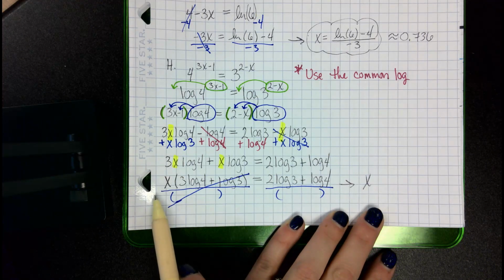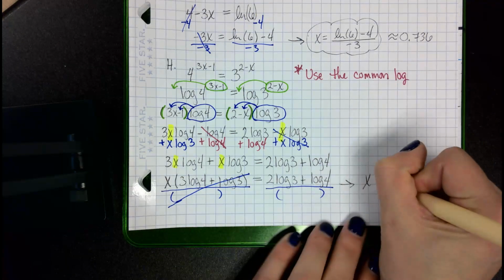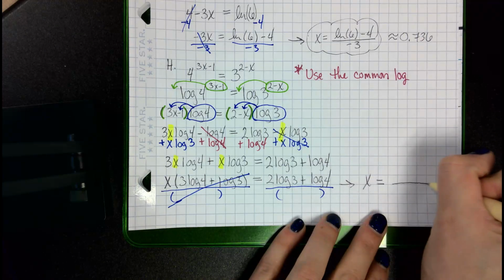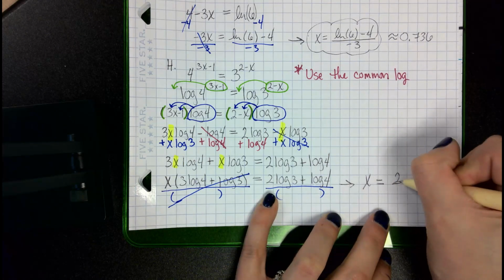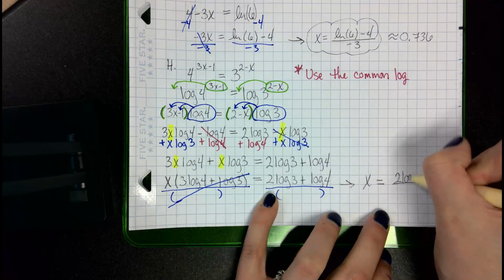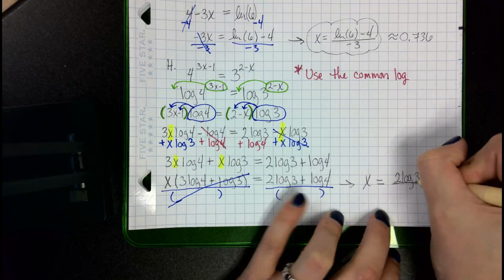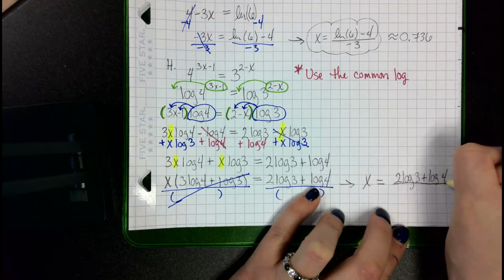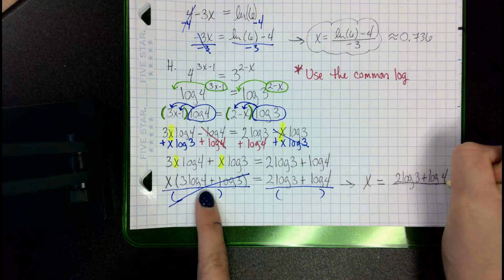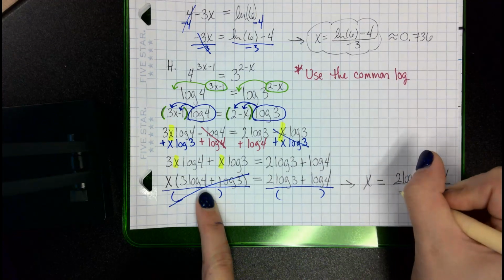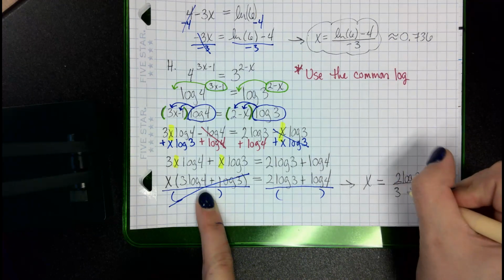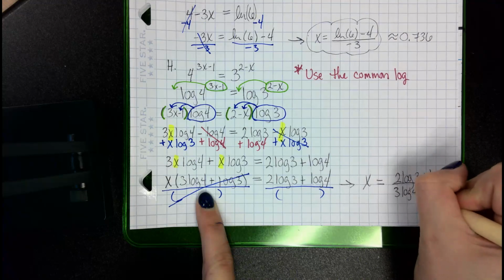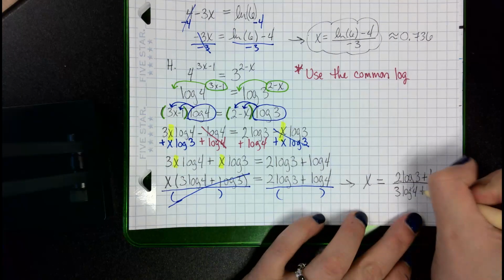That's all that's left. Equals, the numerator, I didn't change that. I haven't changed that in a while. 2 log 3 plus log 4. And then the parentheses are these parentheses that I divided by. So 3 log 4 plus log 3.